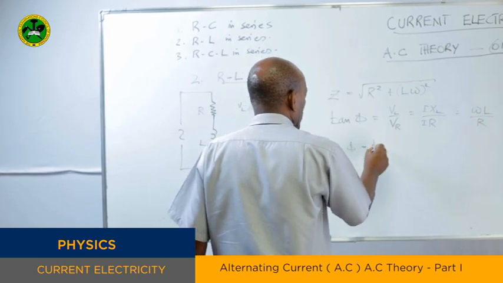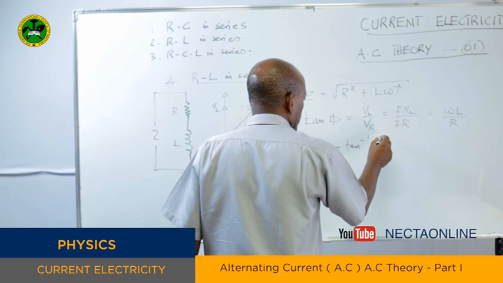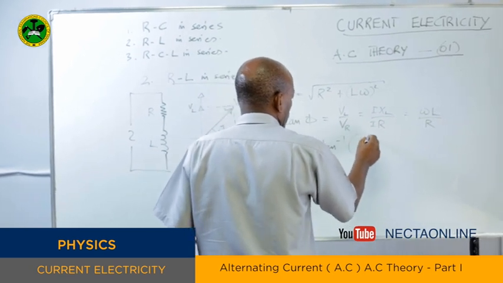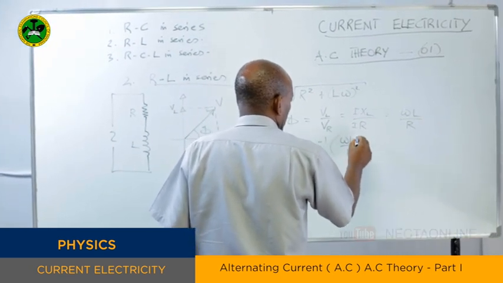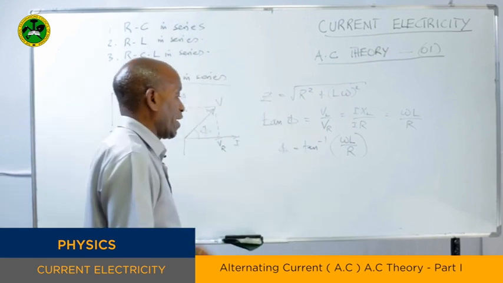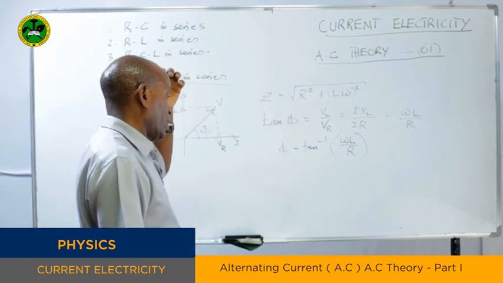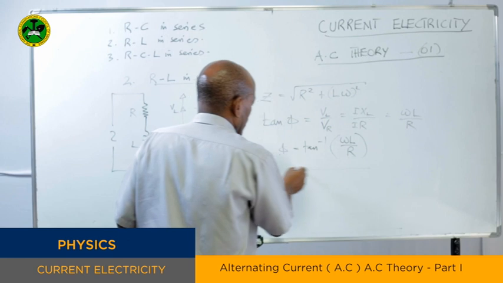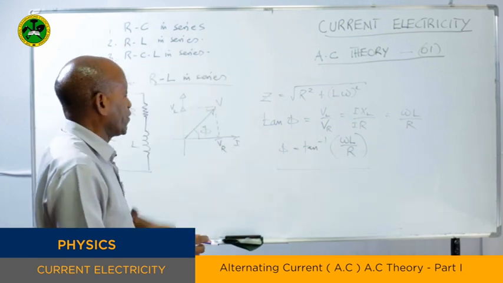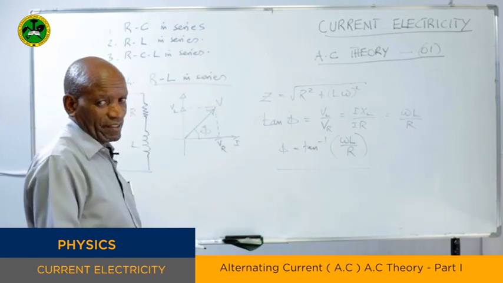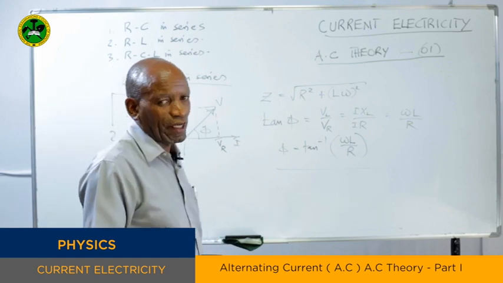Theta will be equal to the tan inverse of omega L over R. So here you get the angle at which the applied voltage V acts.